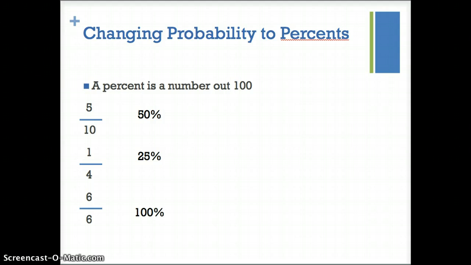Since 5/10 is equal to 1/2, 50/100 is also equal to 1/2. And then 1/4, if you relate that to 100, 100 divided by 4 is 25, so there's a 25% probability for that. And 6/6 is 100%, so it would also be equal to 1.